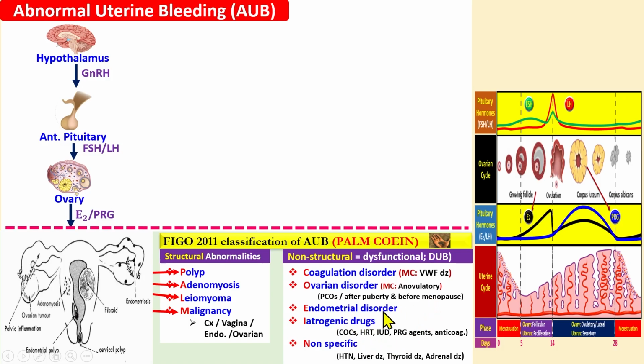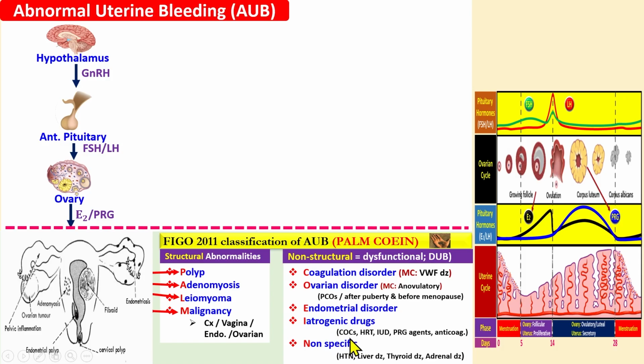Or endometrial disorder, not structural. These are functional, due to hormonal disturbance, for example in thyroid or other disorders which disturb the hormonal balance. That can cause abnormal uterine bleeding.